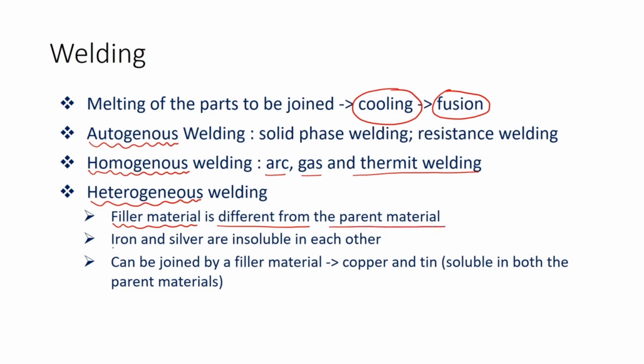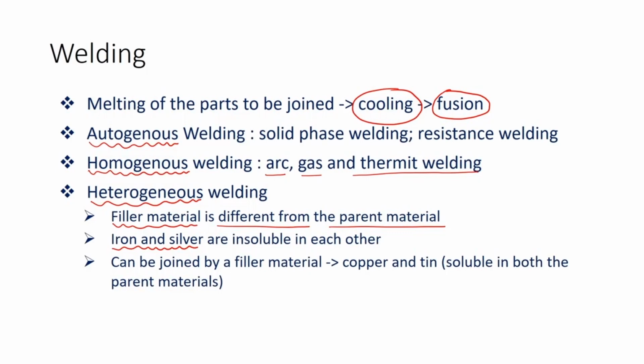The situation may occur when we are trying to join two different materials such as iron and silver, which are insoluble in each other, but we need to join them. To join such insoluble materials, we have to use a filler material.